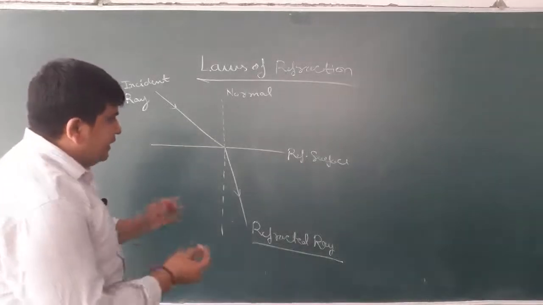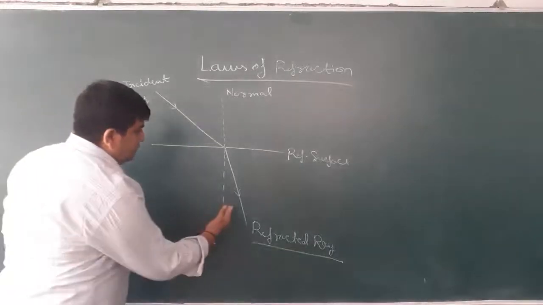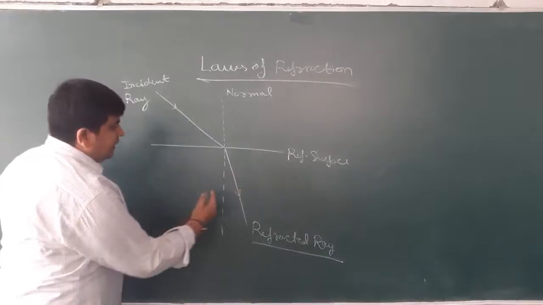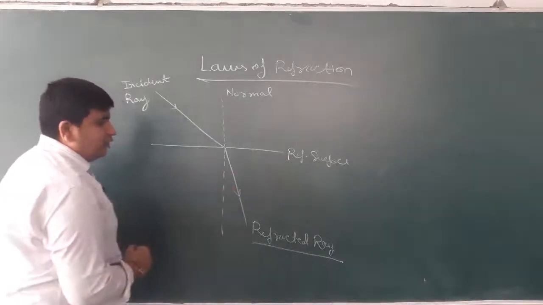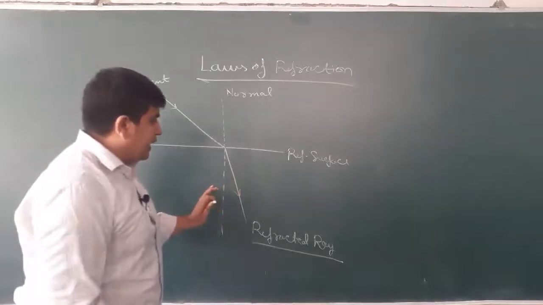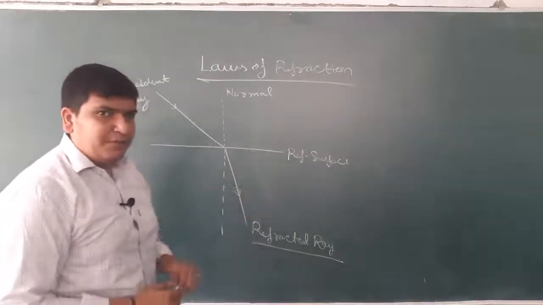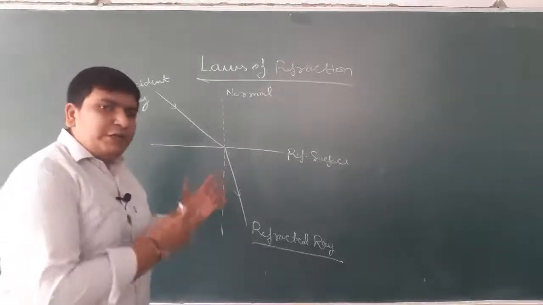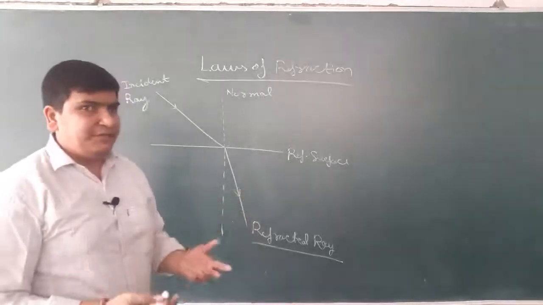Now you can see that it never happens that the refracted ray always bends towards the normal. It may also be possible that the ray refracts away from the normal, because it depends on which medium to which medium the ray is incident.